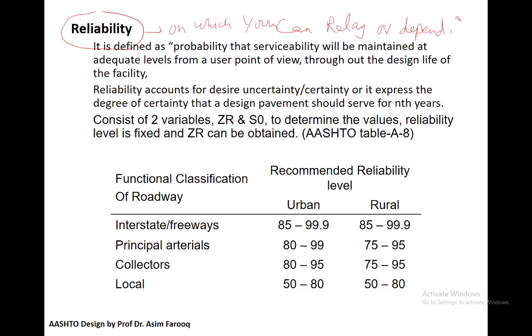In a very simple word, reliability is the term we use to determine how many years this specific pavement will serve. Reliability consists of mainly two variables, ZR and S naught.